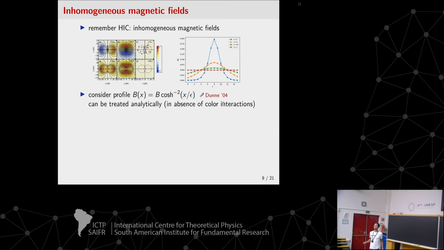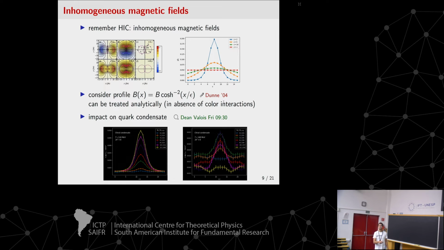So everything that is possible in, say, the NJL model or whatever your favorite model is with the constant B profile, you can repeat the same thing with this profile and check. Isn't that a very good check of the model? You can try to reproduce these very interesting features that Dean just showed you for a condensate, for a Polyakov loop, for the generated current. There are steady currents flowing around here.